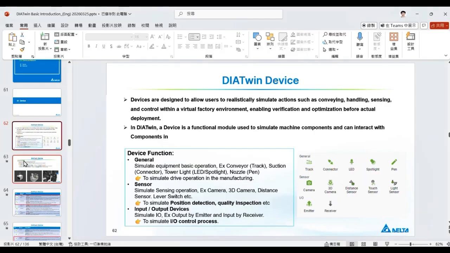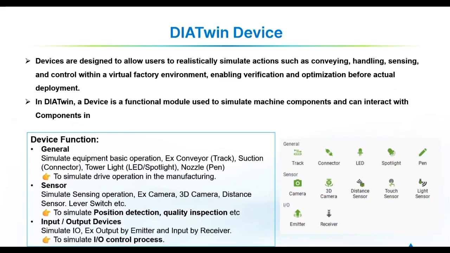So that is the relationship between device and behaviors. Maybe you can follow along with the slide first. We are doing the action. You add a device, and then you point out what action you want to do for simulation.